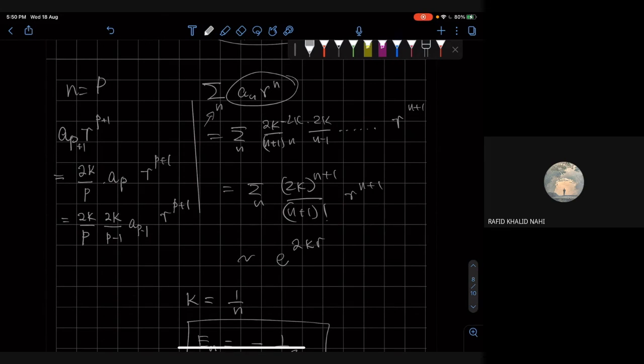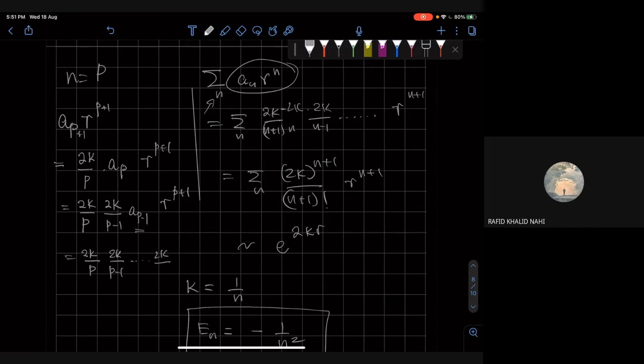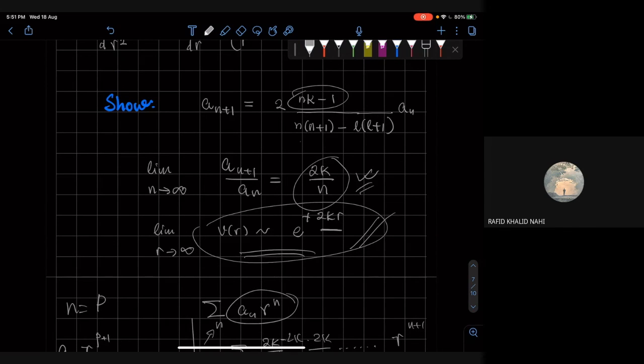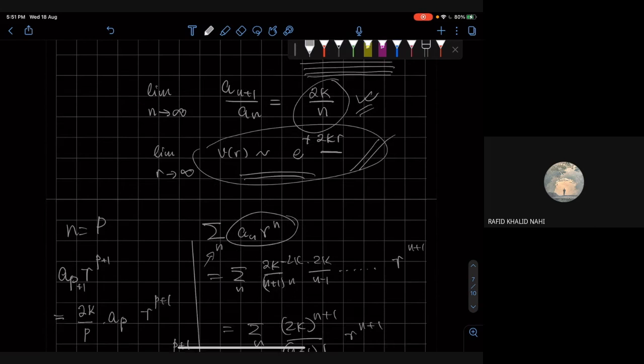So if I keep expressing this in terms of the smaller one, I will get p plus 1 factors, and I will get down to smaller values, where these values will kick in.